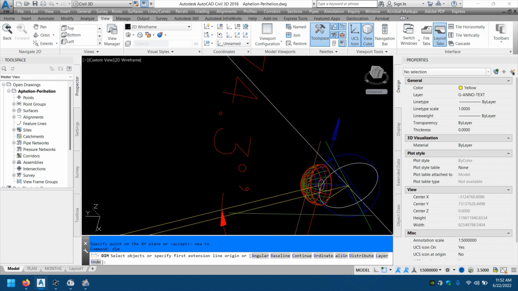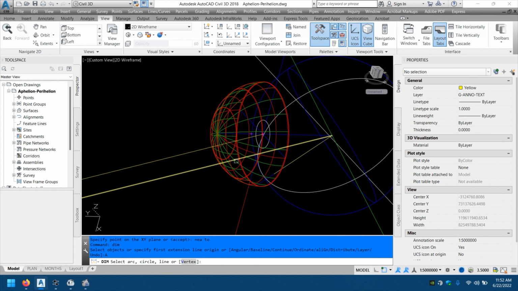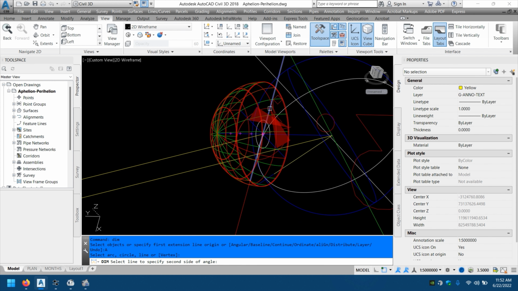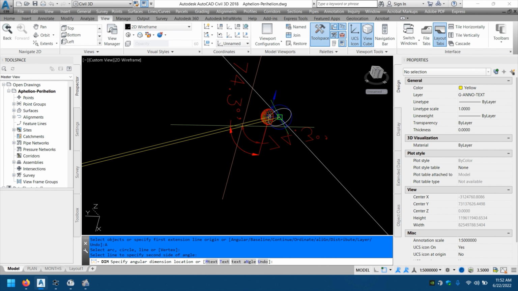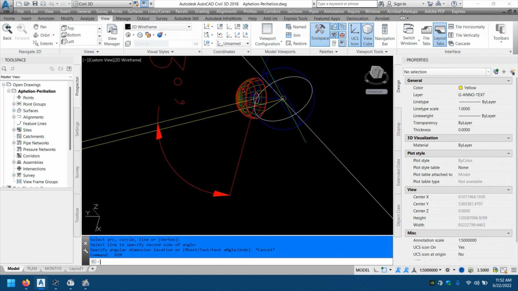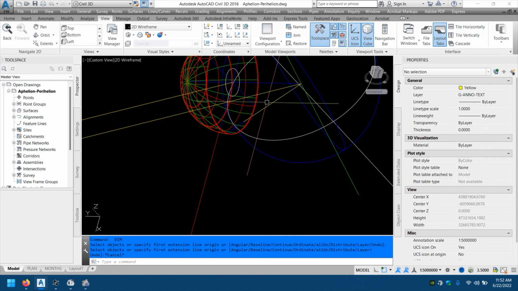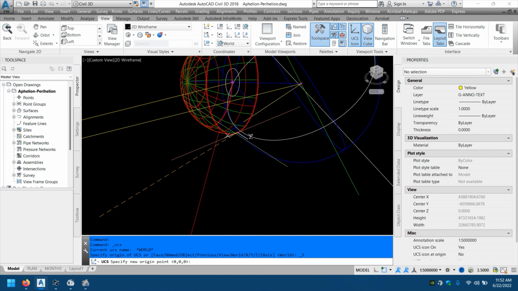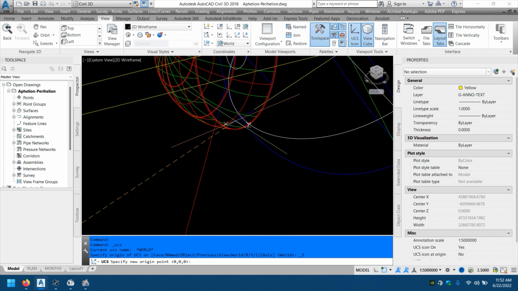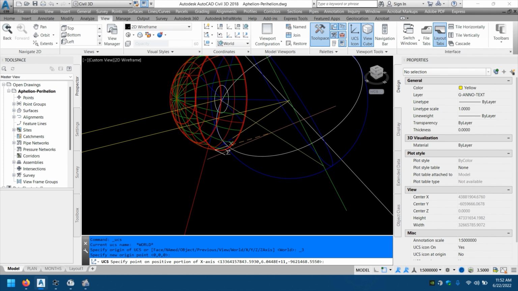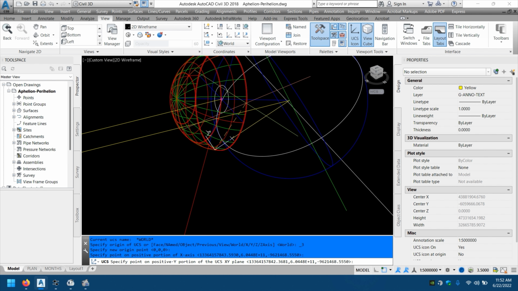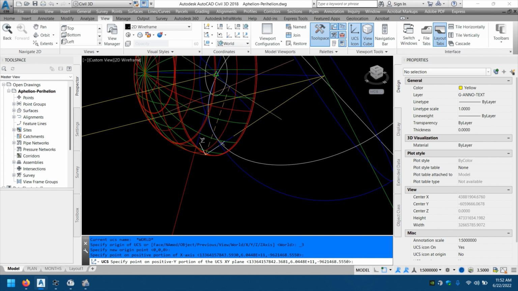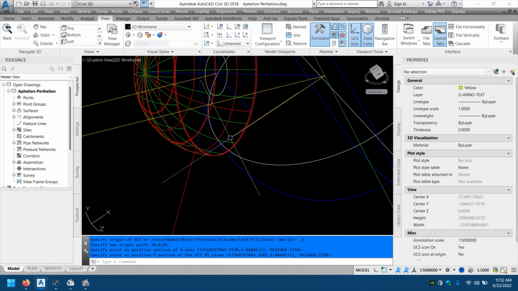Dimension, angle. We just do it this way. From here to the center, back to here. That's what I was doing, missing. And then measure that.